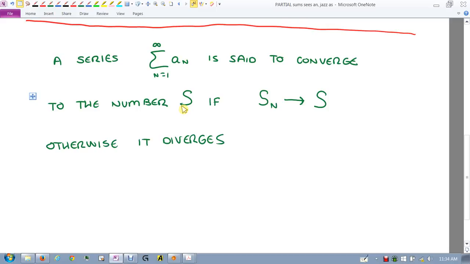What we're going to find out is that more times than not, we are never going to be able to find S. But what we will be able to do is say that it does converge or it does not. There's only a few cases where we'll actually be able to get S. In our first important type of series, we will always be able to get S. And it's called the geometric series. So this is our first big series, the geometric series.